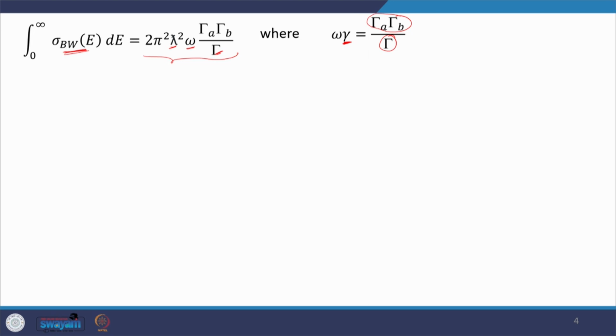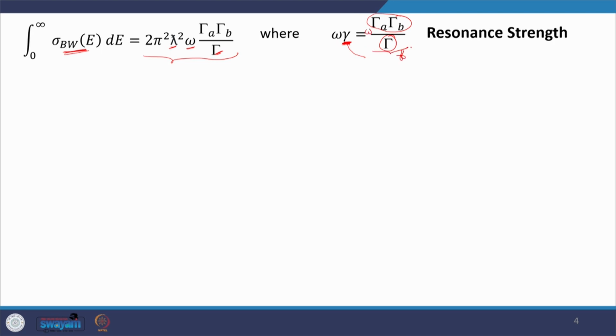And here, for the ratio of the product of partial widths and the total width, I am also using the symbol gamma. This is not any nuclear radiation, not any gamma electromagnetic radiation.